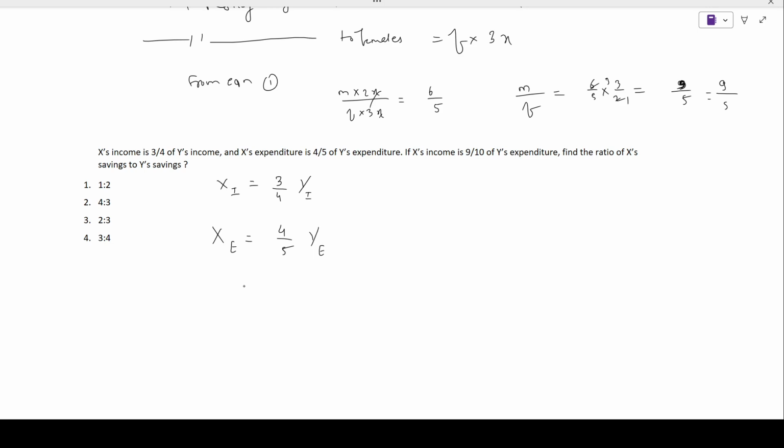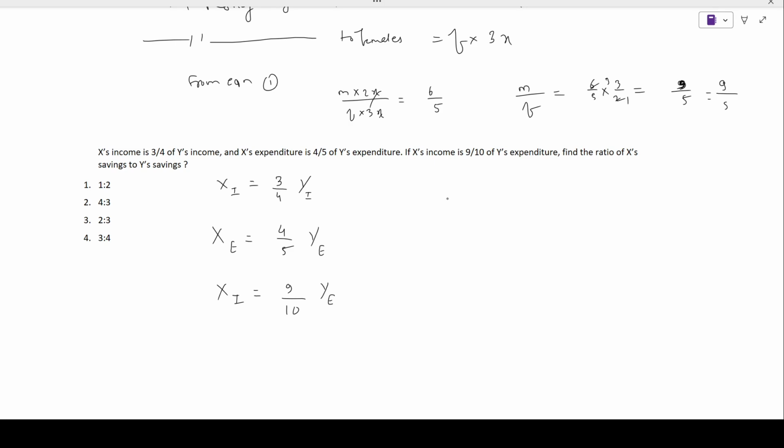Now, the income of X is equal to 9/10 times of Y's expenditure. Find the ratio of X's saving to Y's saving.